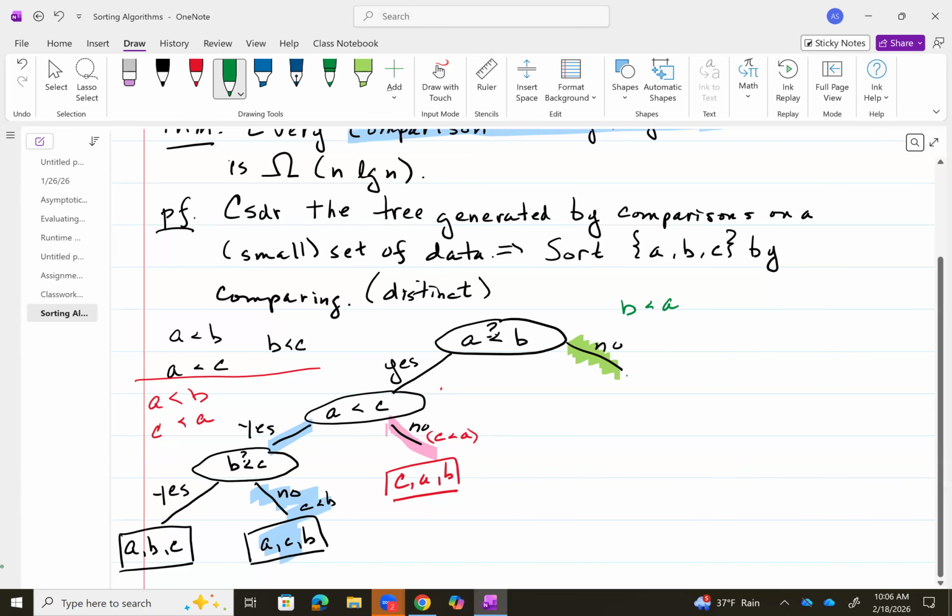Is C less than B? If C is less than B, what can I say?